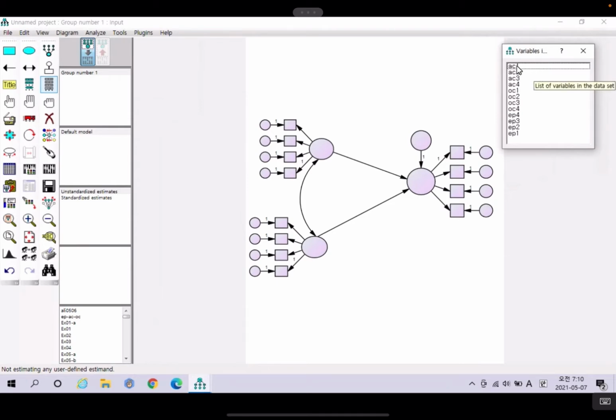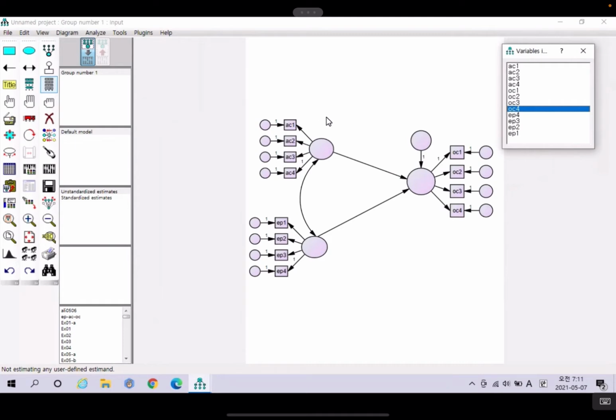So you are going to drag these things. So you drag these variable names to the box, right?